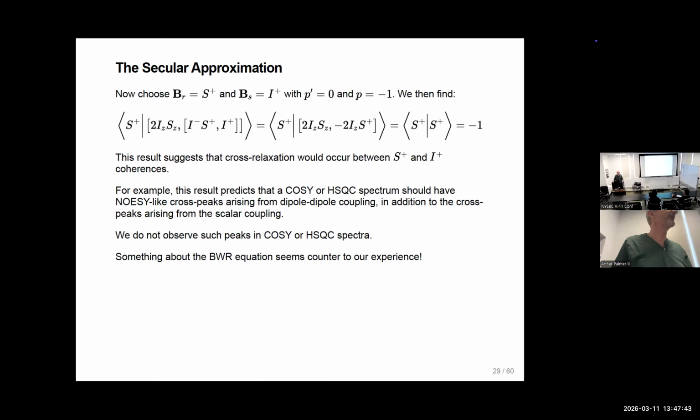If every operator can cross relax with every operator, we would have a maximum of 256 possible relaxation pathways. But our experience is that most of them are not there. And the question is, why aren't they there? Our theory that we've just worked out, and I assure you the theory is right, says that they should be there, but they're not. Everybody understand the problem?